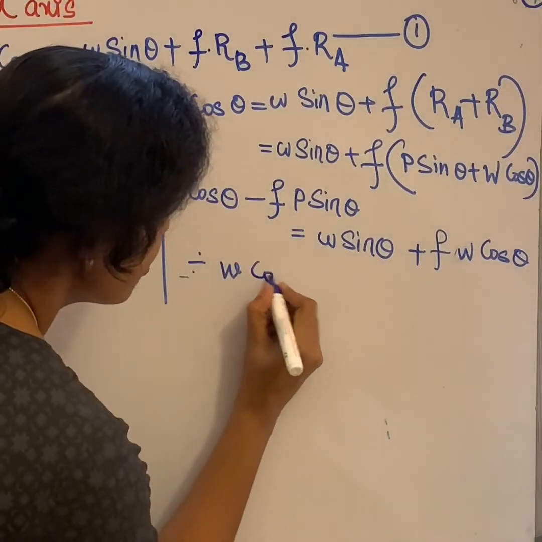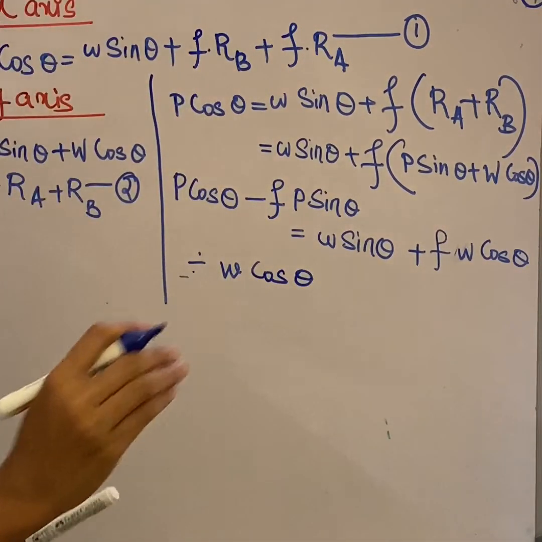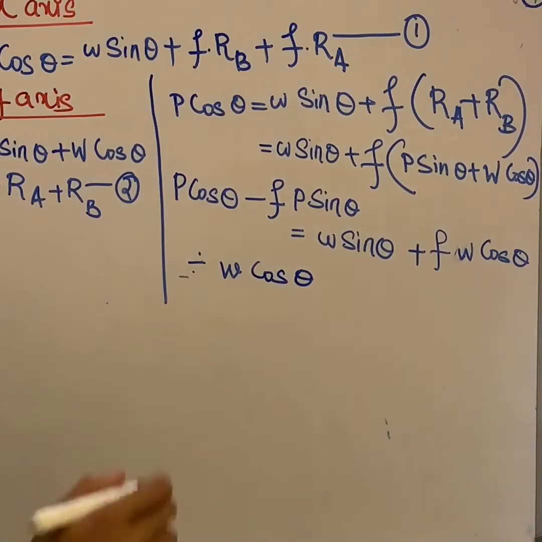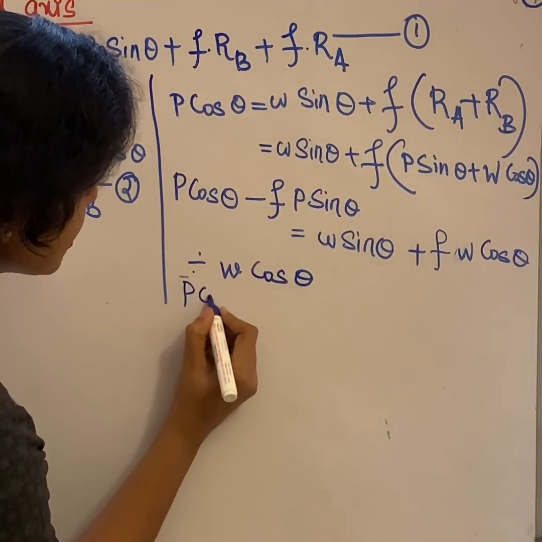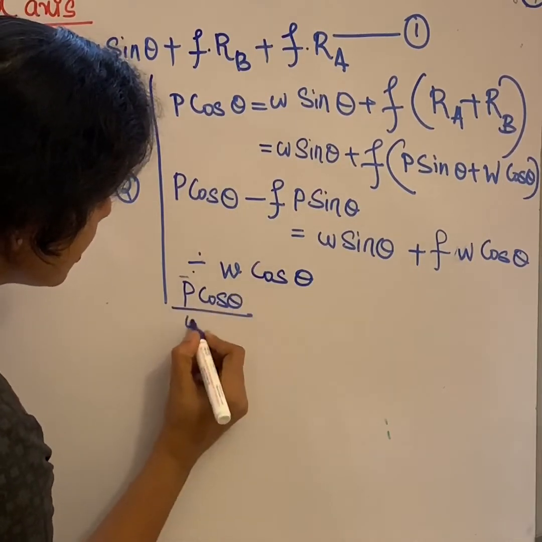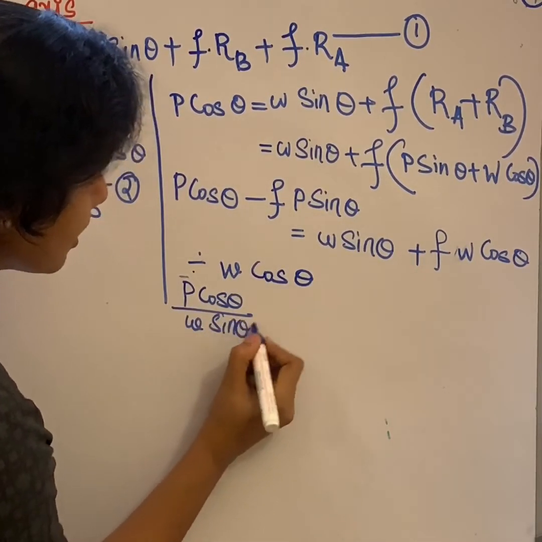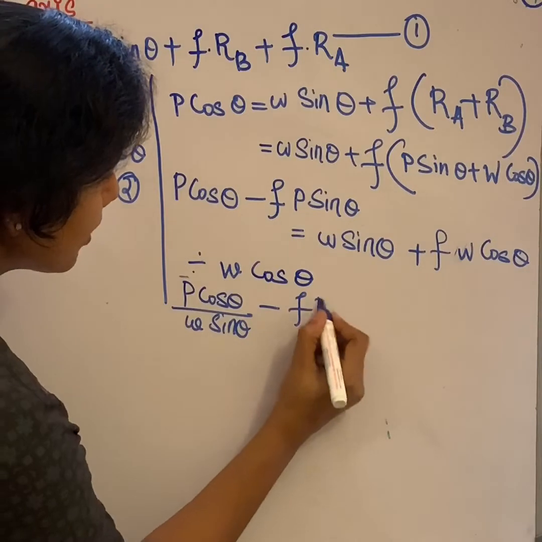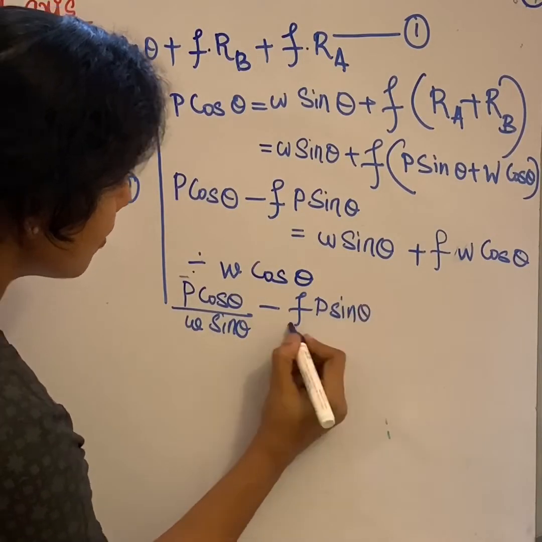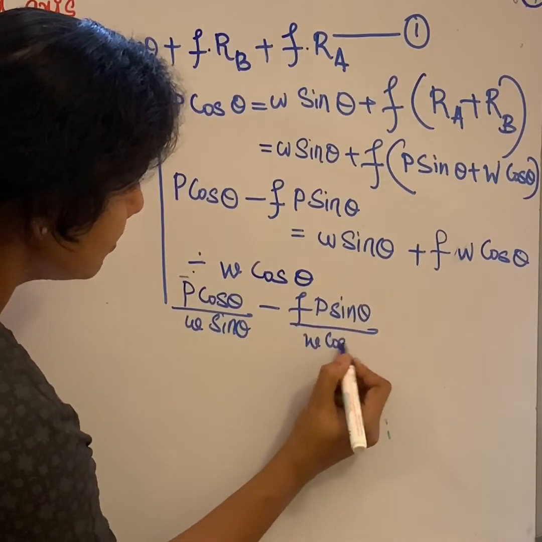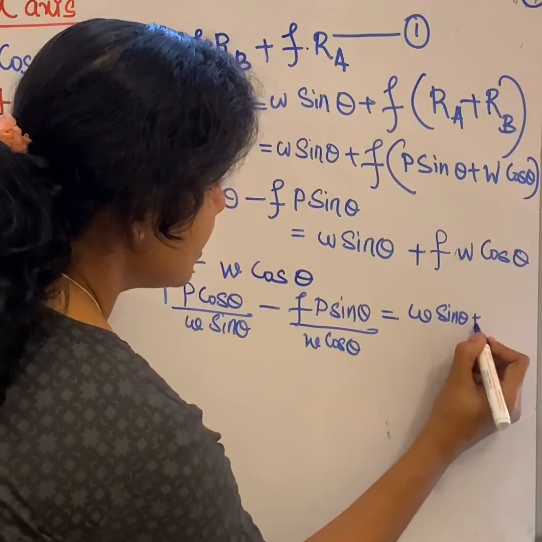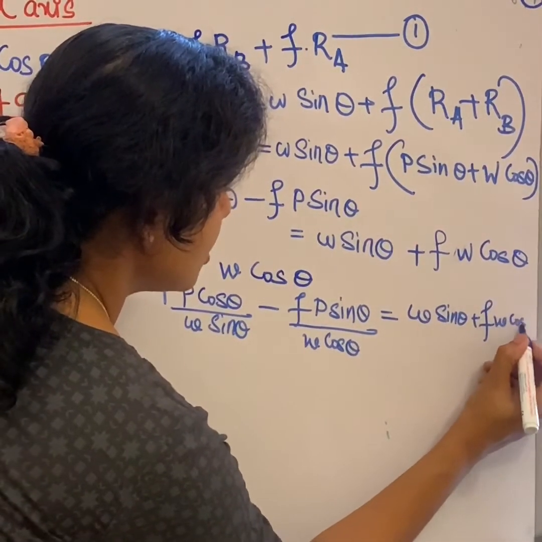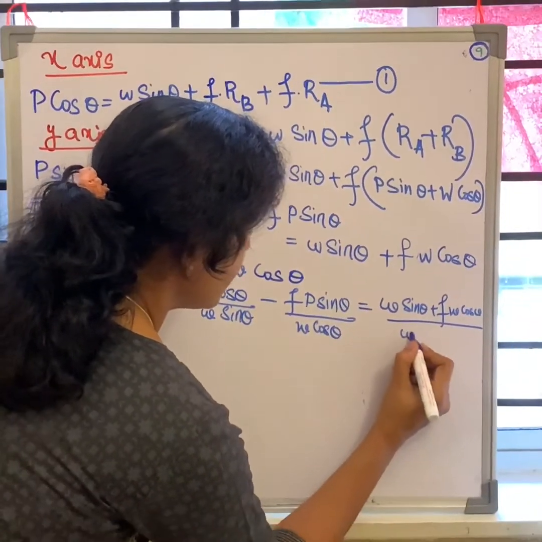So one can divide the entire equation by W cos theta. If you are doing so, what are you going to get? P cos theta by W cos theta, I'm just writing for your better understanding, minus F P sin theta divided by W cos theta equal to W sin theta plus F W cos theta, the whole divided by W cos theta.